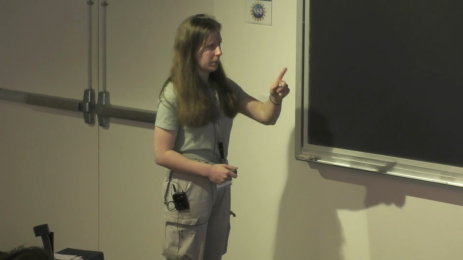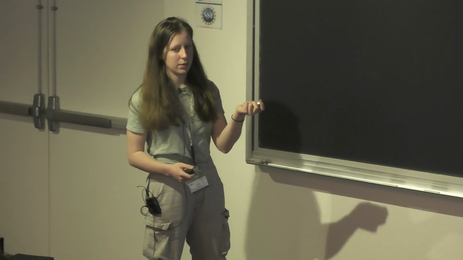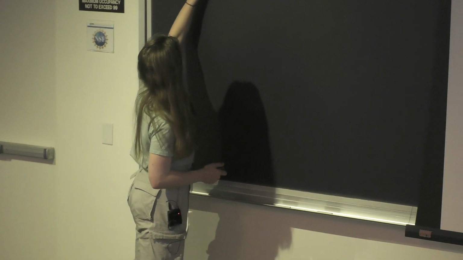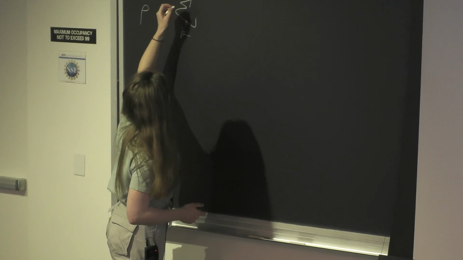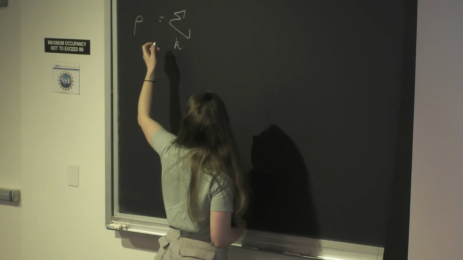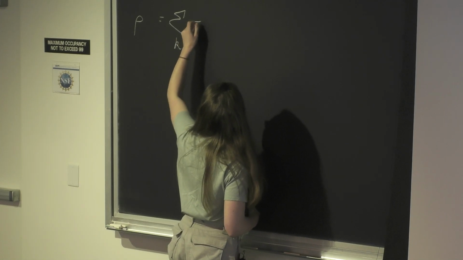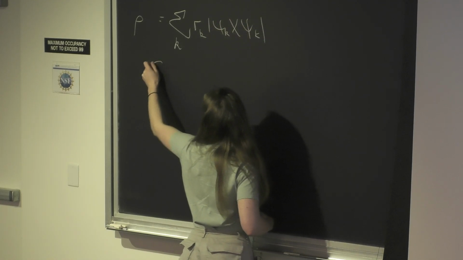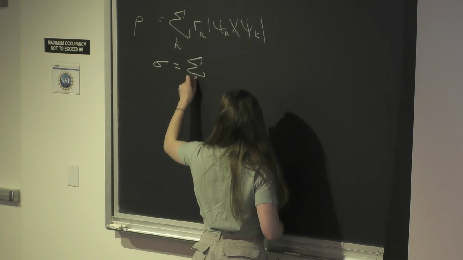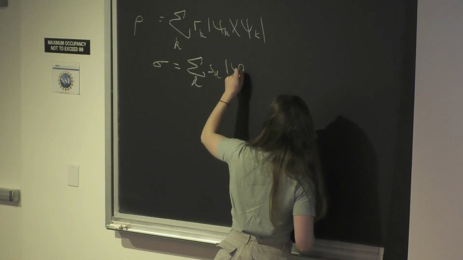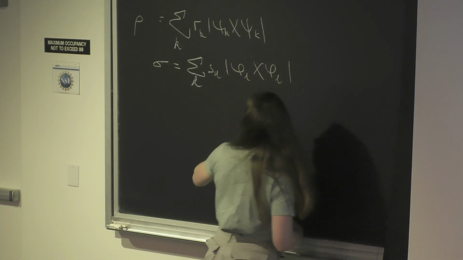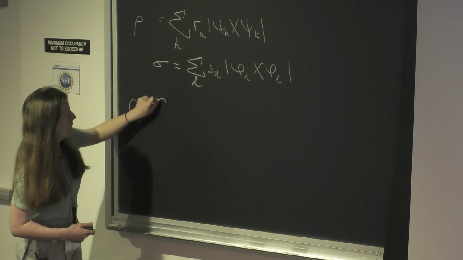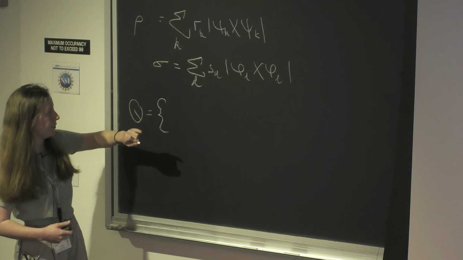I should convince you that these things do actually exist, which is, given that we started with a separable Hilbert space, these rho and sigma are going to be compact. So if we write, I'll use K and L, rho in a spectral decomposition, and do the same for sigma, the most natural transport plan you could define between these two is essentially the plan that encodes the product measure of their spectra.